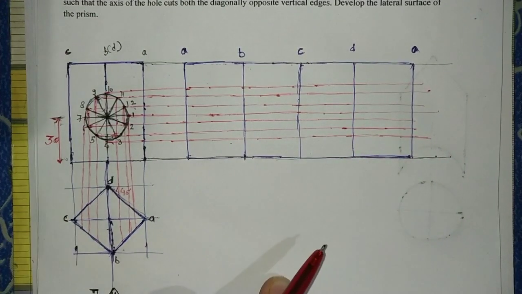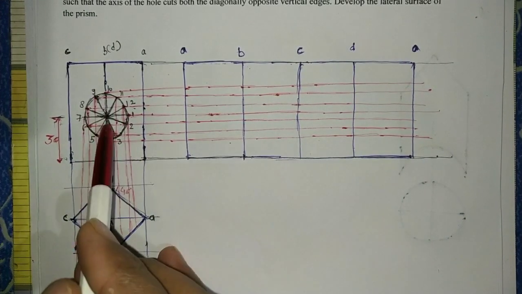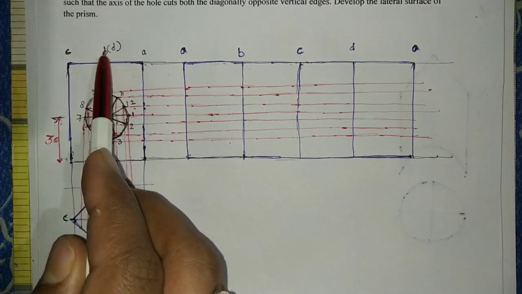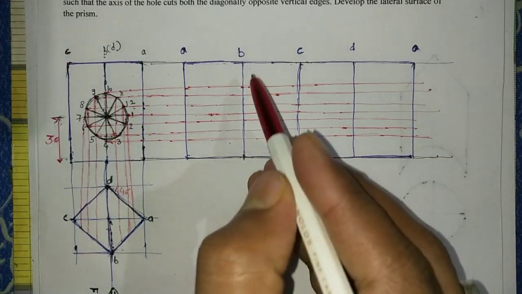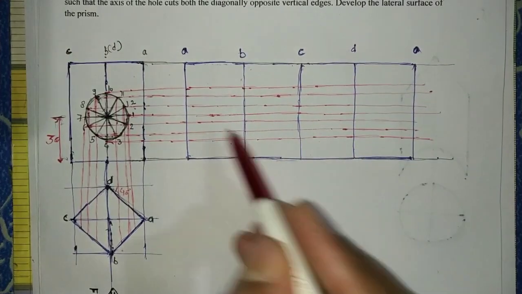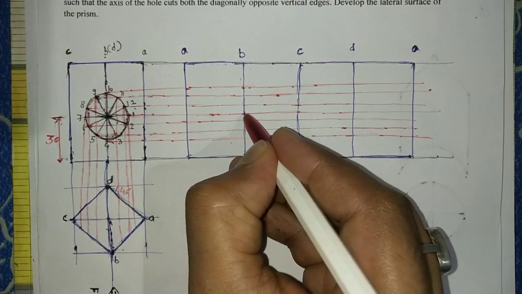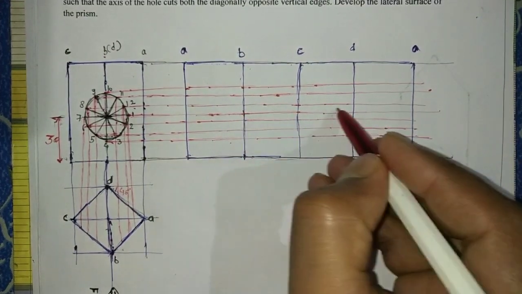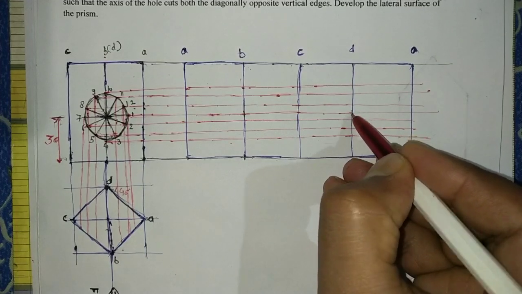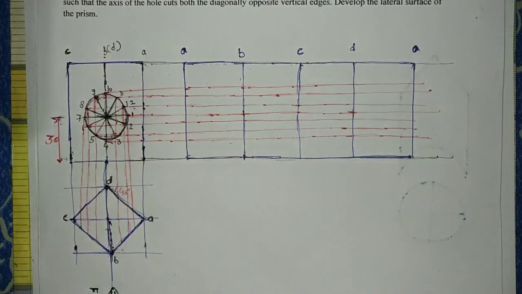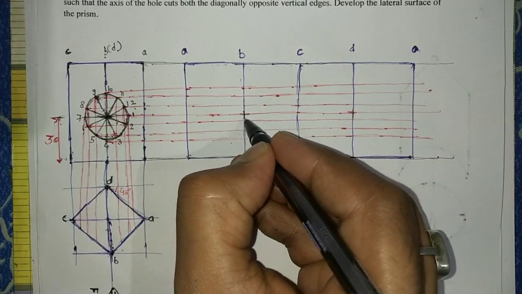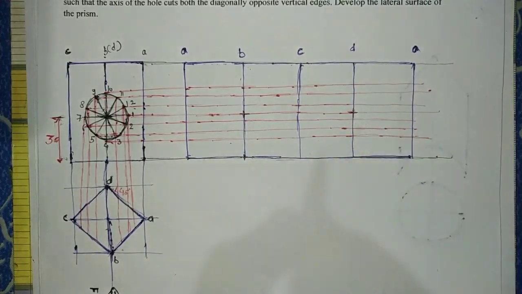Okay, so now we know that the center of this hole is on B edge and D edge. Okay, so B edge is this one and D edge is this one. The center is, we have projected this line, so one center is this and another is this one. Okay, this one and this one.